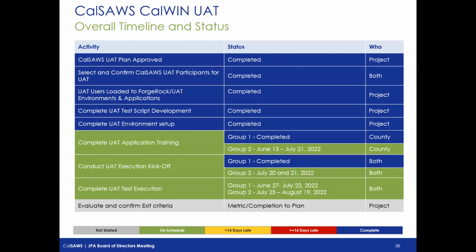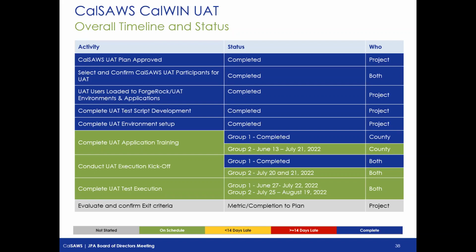So on this first slide, you will see the same color status that Catherine used for her presentation. All the items in blue are items that we have completed, which include the approval of our plan, the selection and confirmation of our participants, the loading of the users to ForgeRock and the UAT environments and applications.